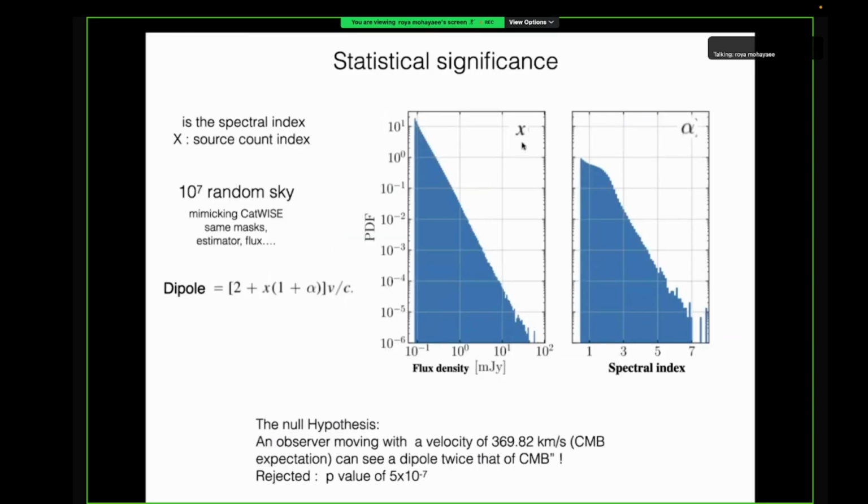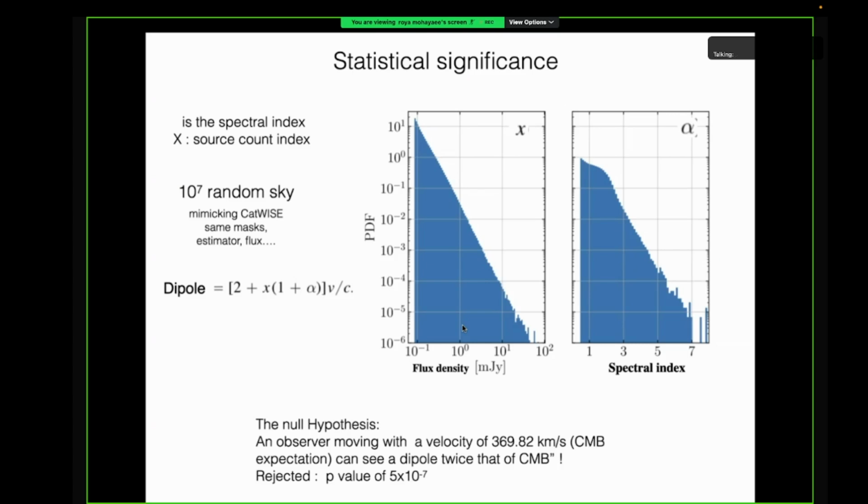These are the 2 indices that I was telling you about: the source count index x, and the spectral index alpha. Then we made a mock catalog with all the specifics of the WISE data. We put the same mask, the same alpha, the same x, and then we put an observer in that mock data with a velocity as given by the CMB.